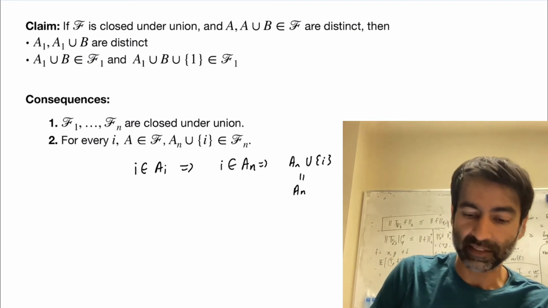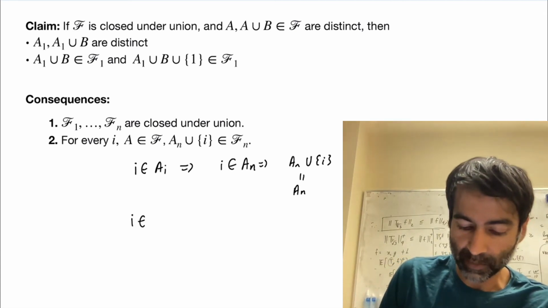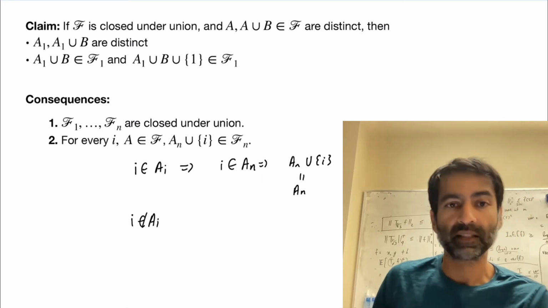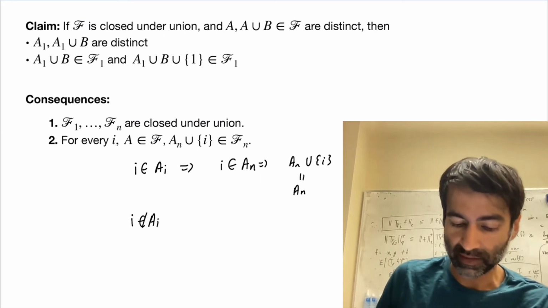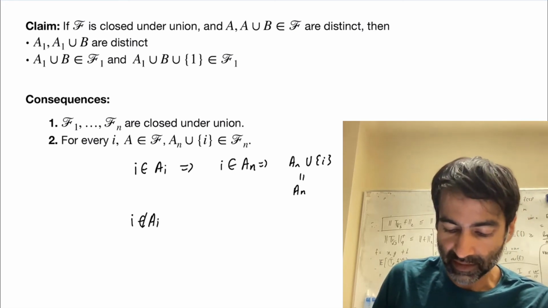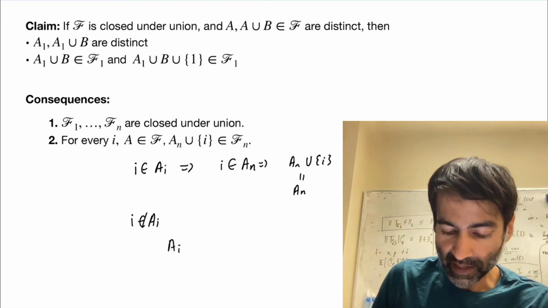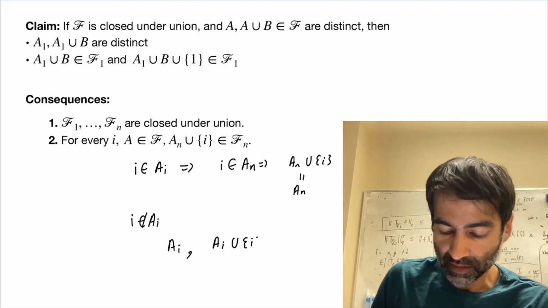The second case is that i does not belong to A_i, but in this case we consider the sets A_i and A_i union i.